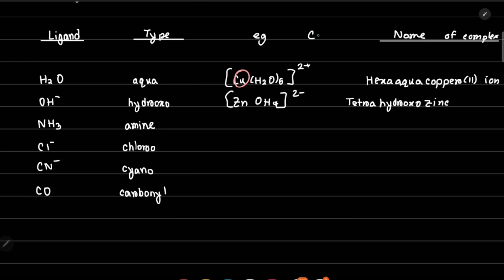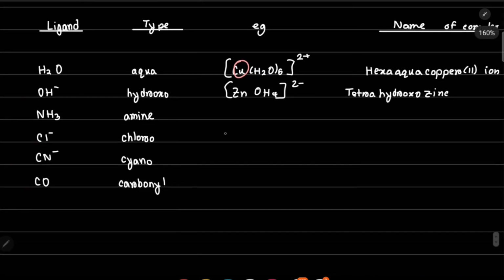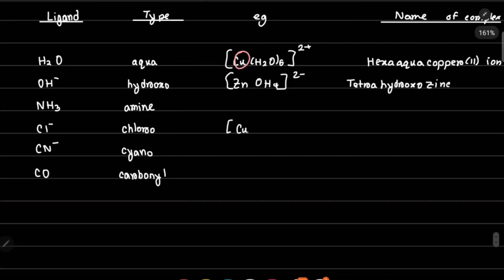If we had a copper ion which was negative, for example CuCl4 2 minus, this would be tetrachloro since we have 4 chloro groups. So tetrachlorocuprate(II) ion.